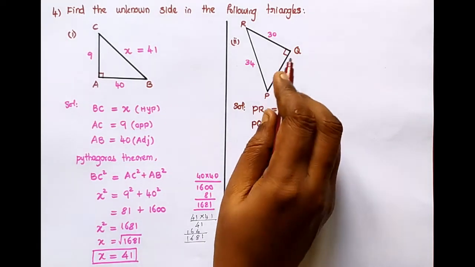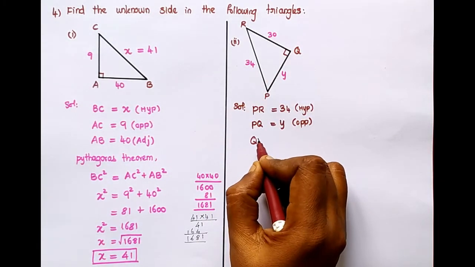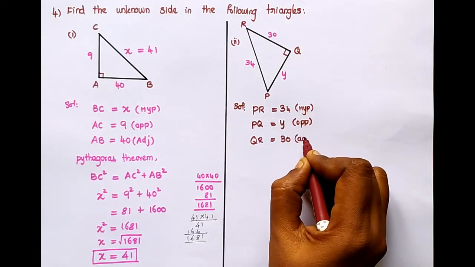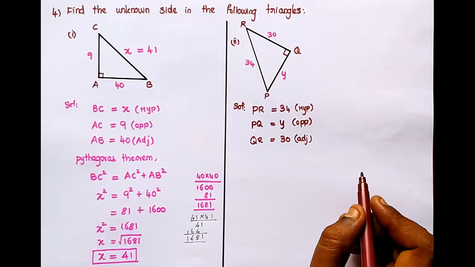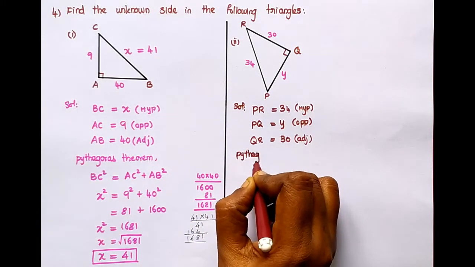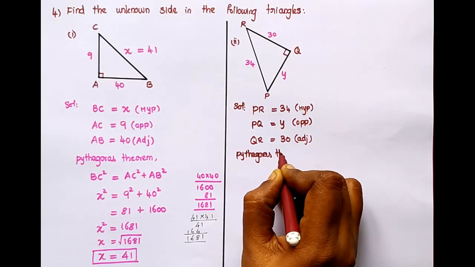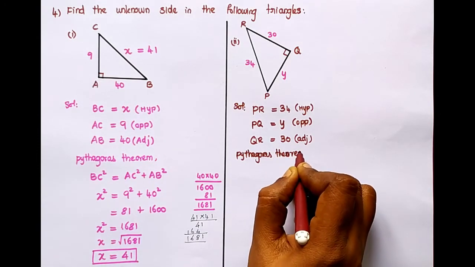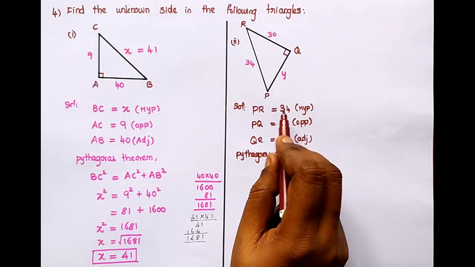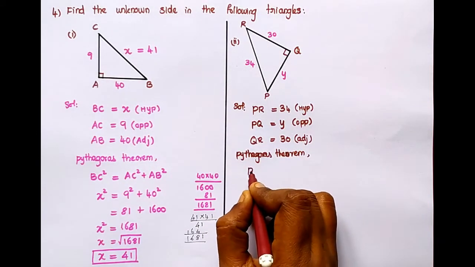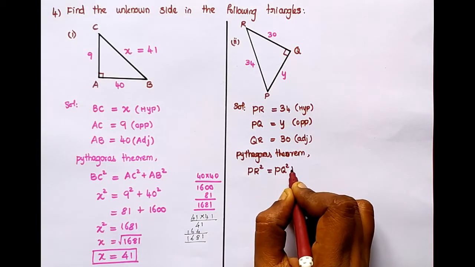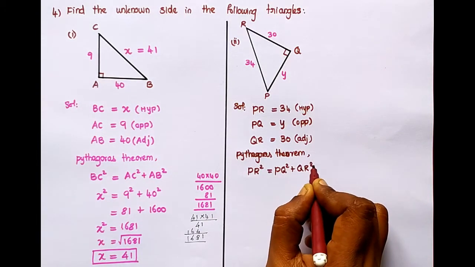Next, QR, that is 30. It is the adjacent side. Now the Pythagoras theorem. Which one is the hypotenuse? PR. So PR squared equals PQ squared plus QR squared.